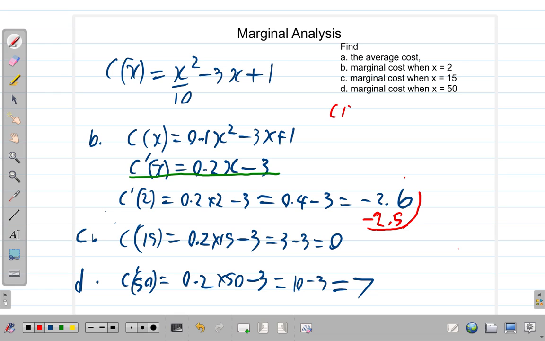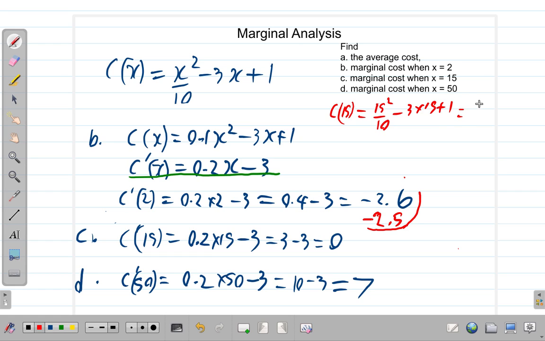So C of 15, at 15 it would be 15 squared over 10 minus 3 by 15 plus 1. Now 15 squared over 10, in that case it will be 15 by 15, which is 225 over 10.